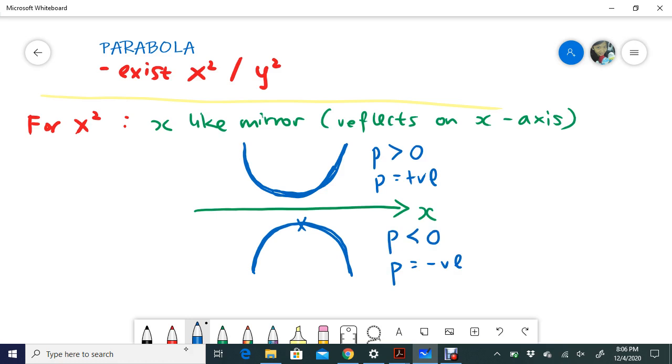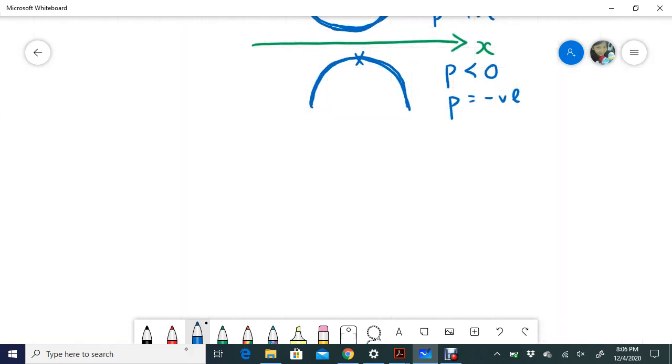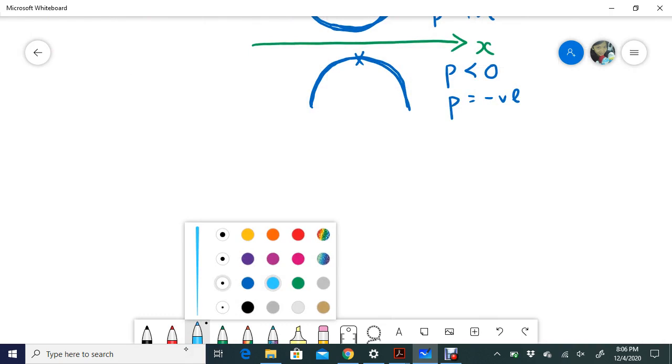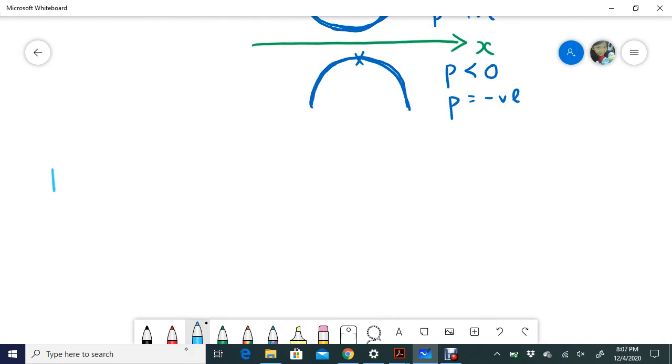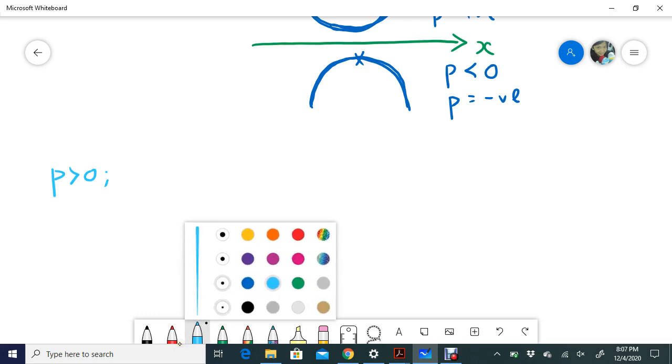Let us proceed. I will give you an example, or maybe in general first. Assume that your p-value is larger than 0. How will the graph look?